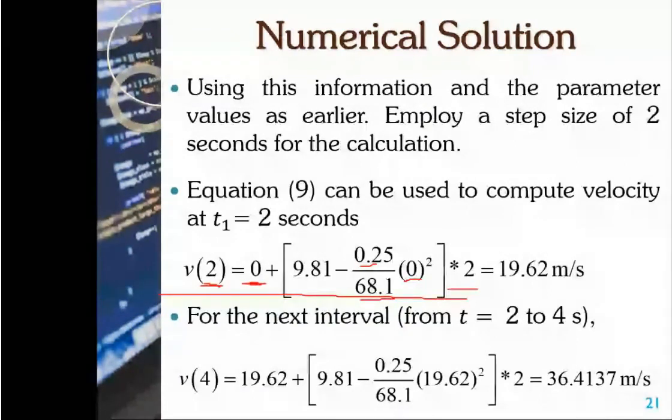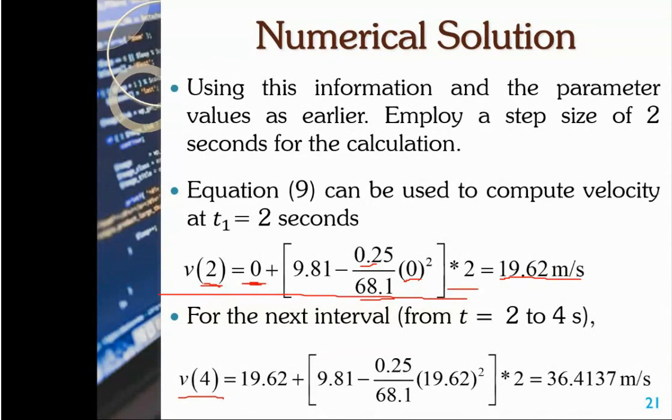So continuing, once we perform this calculation, we get 19.62 meters per second to be the velocity at time equal to 2 seconds. Now let's look at the next iteration, which in this case will be the velocity at 4 seconds.